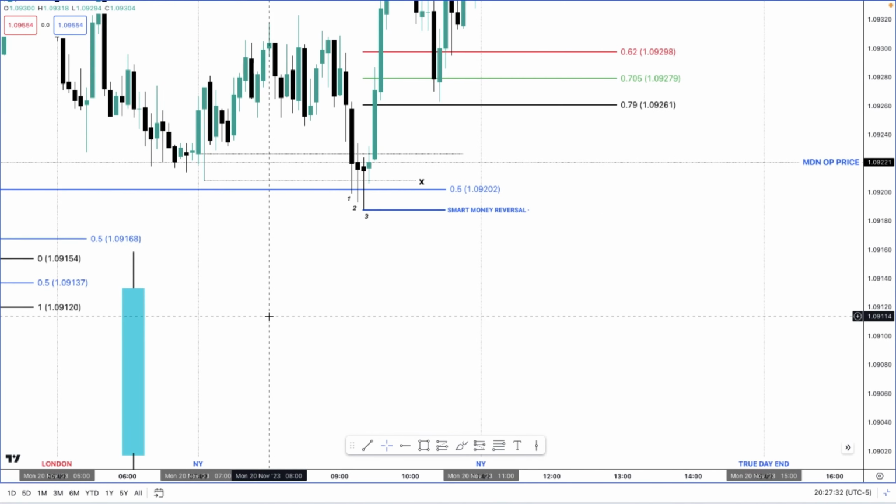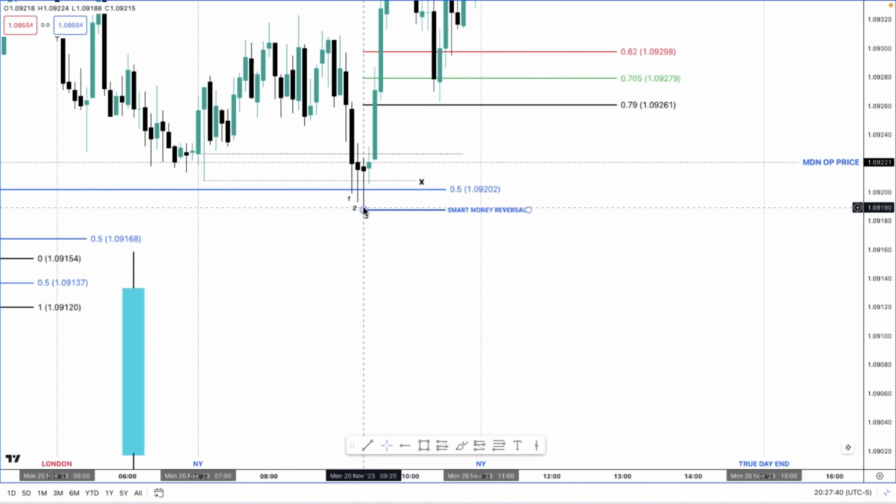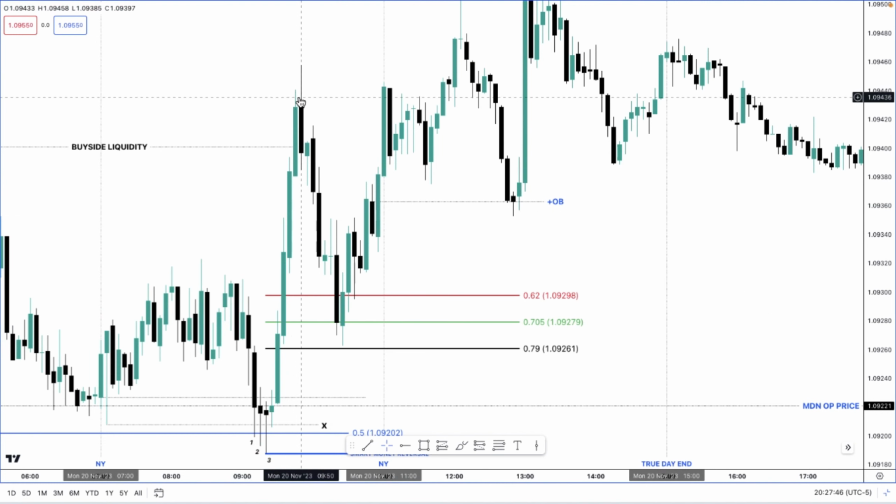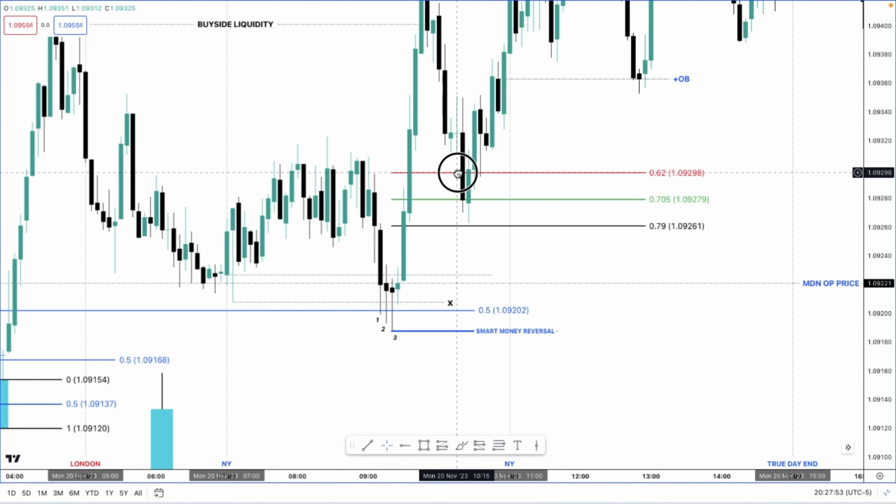So with that thinking in mind, at 7 a.m., if we're anticipating continuation, we will open here, print the low of the candle, print the high of the candle, and then retrace into the close. It's like that on every time frame.